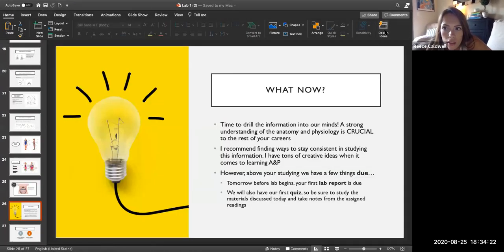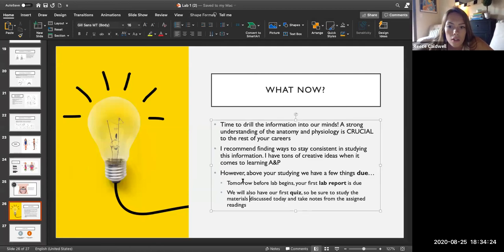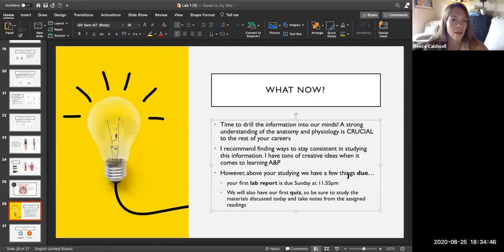This will say, your first lab report is due Sunday at 11:55 p.m. On Tracks, you could set it to 11:59. I'm having trouble finding out how to do that on Canvas. It's just saying 11:55 for me. So 11:55, midnight, is when your lab report is due, and I'll go over what the lab report is.